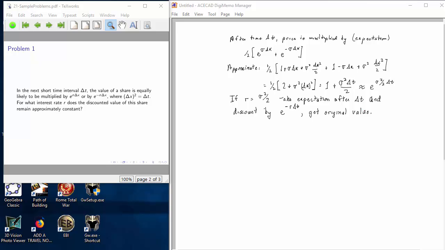So there is always an interest rate which has the effect that putting my money in the bank at that interest rate has exactly the same effect on the average as letting the share prices evolve in a way where in a short interval of time they get multiplied or divided by the same factor.